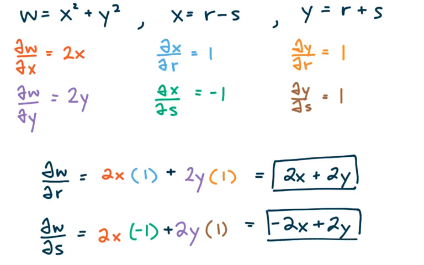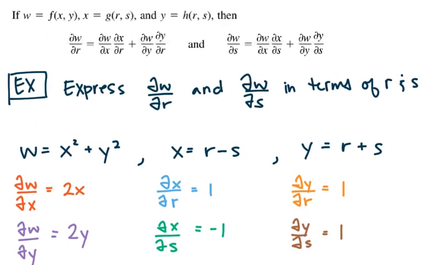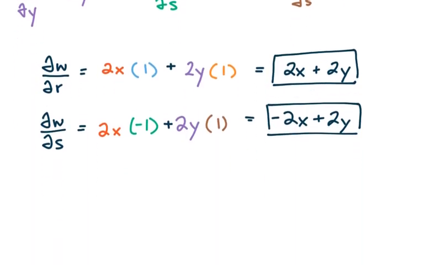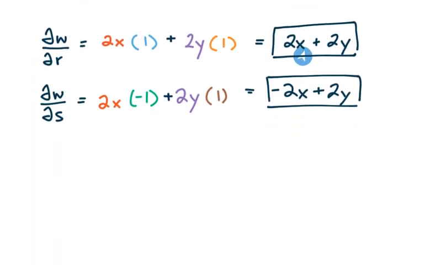So we're not quite done yet. We found those partials, but we want to make sure we're paying attention. We want them in terms of R and S, and my two partials here are in terms of X and Y. So we just need to plug in the fact that X is equal to R minus S and Y equals R plus S. That was given.